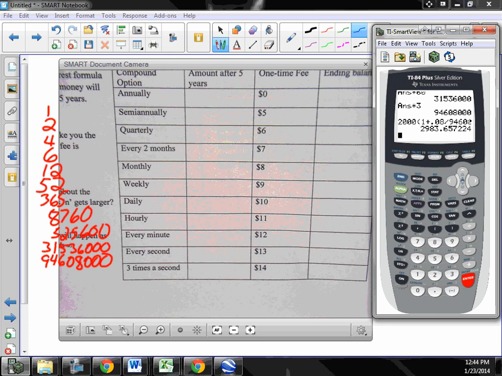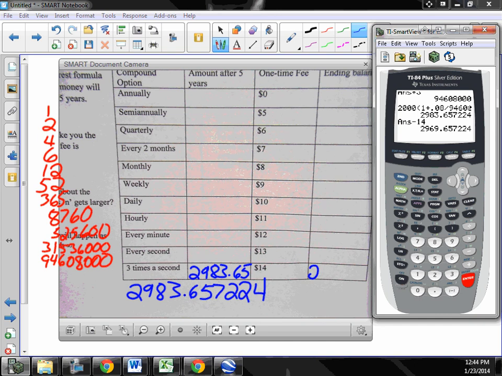So, $2,983.65. And make a note, I want you to write out that whole decimal. We're just going to save that for later. At the end of 5 years, I'm going to be charged $14, so I need to subtract $14 off of that.